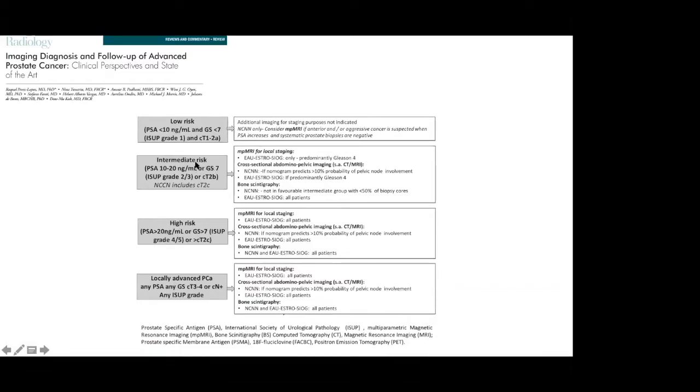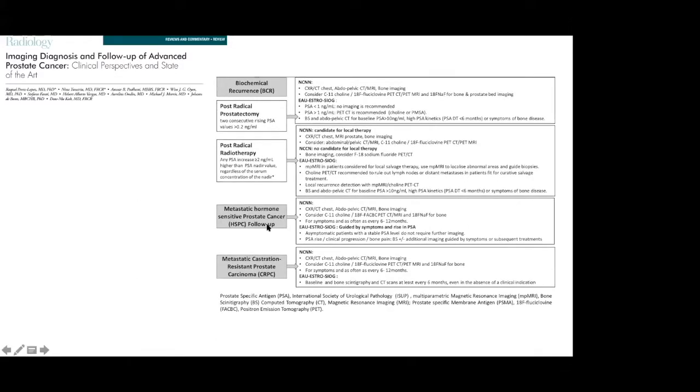In the intermediate risk group, you can do cross-sectional abdominal pelvic imaging, whether that be CT or MRI, and a bone scan, bone scintigraphy. For the high risk group, again, bone scintigraphy; locally advanced, exactly the same. If we look at this table, what do we do in metastatic hormone sensitive prostate cancer?